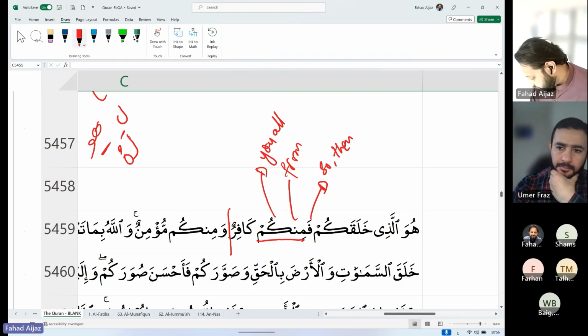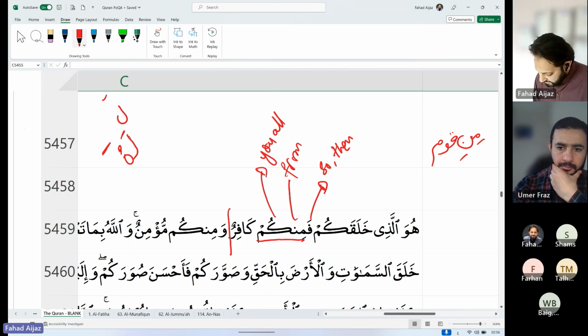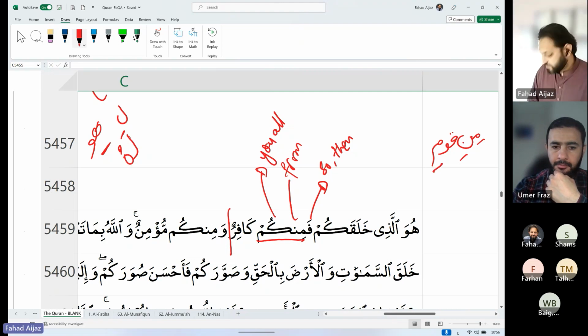For example, qawmu. If I say min, constructing the same example, instead of just doing minkum, I'm saying min qawmi. It's a jar majroor, right? And I want to say kum.